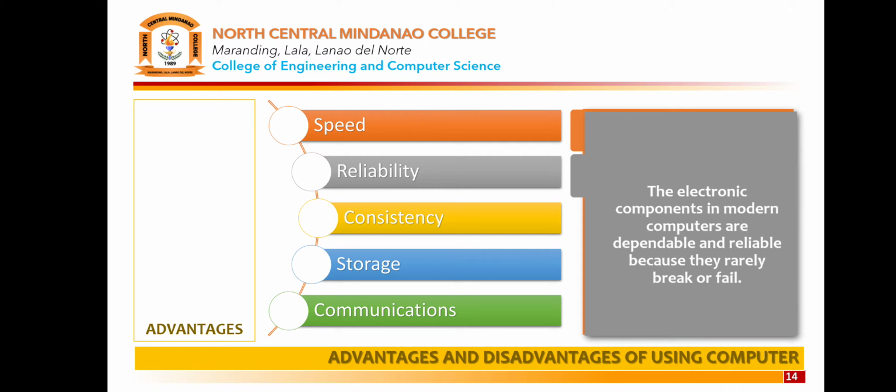So when we say reliability, that talks about the dependability of a certain product. In this case, the computer is now designed to be sturdier and last longer, so it is more reliable, or even its effectivity, or the quality of a product.